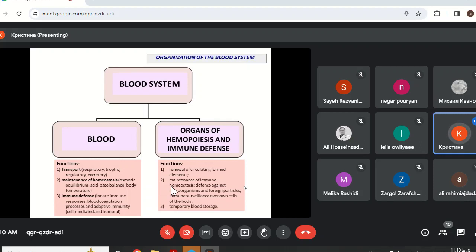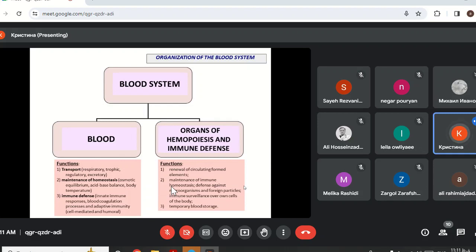Immune surveillance over own cells of the body means that the cells of the immune system walk constantly through our body with the help of blood vessels and lymphatic vessels, and watch over all the cells of our body, because some of the cells may become tumor cells and cause cancer.